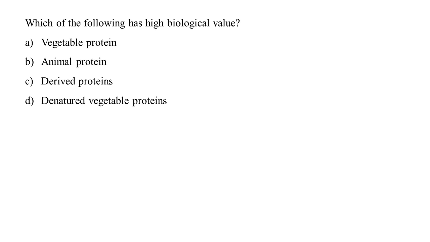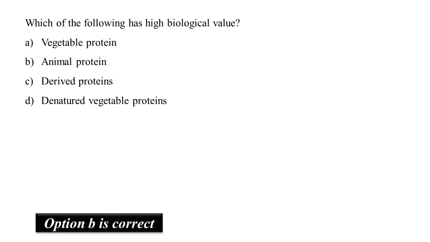In fact, egg, which is one of the highest biological value proteins, has an index of 100. So in the present case, B, animal proteins, has to be the correct answer.